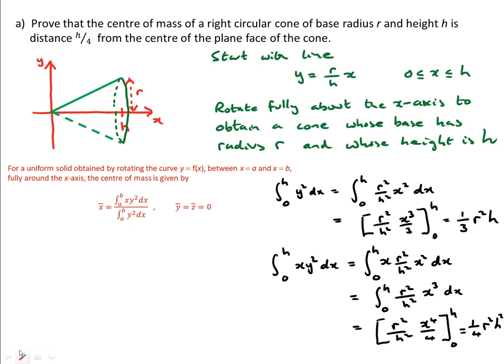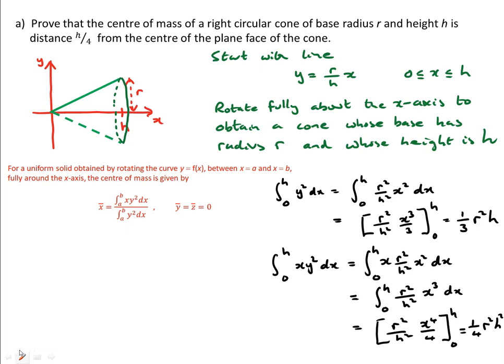Put the upper limit in, we get r squared over h squared times h to the 4 over 4, which simplifies to a quarter r squared h squared. Put the lower limit in, x equals 0, simply gives me 0.